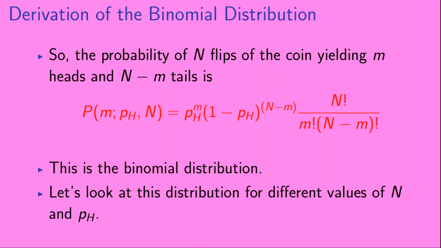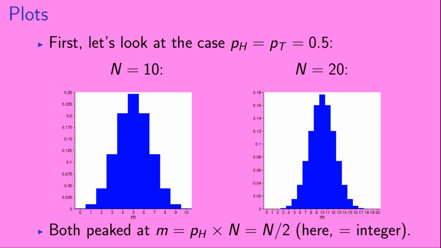Let's look at this distribution for different values of n and pH. So first, let's look at the case of a fair coin, where pH equals pT equals 0.5. Here we've plotted the binomial distribution for n equals 10 and n equals 20.